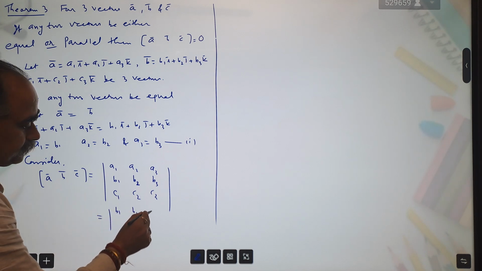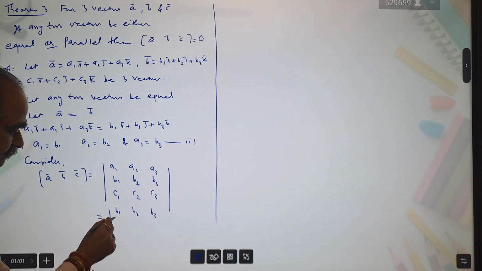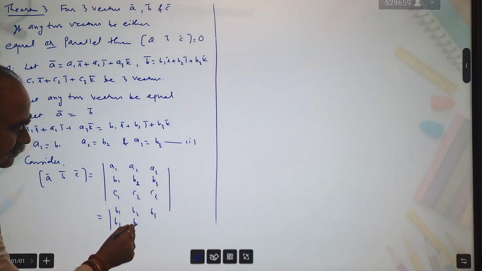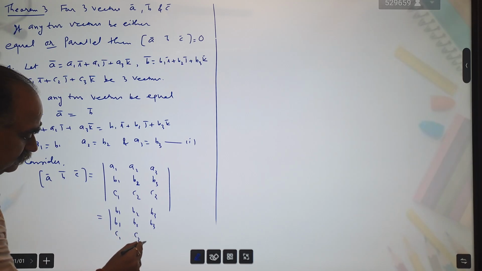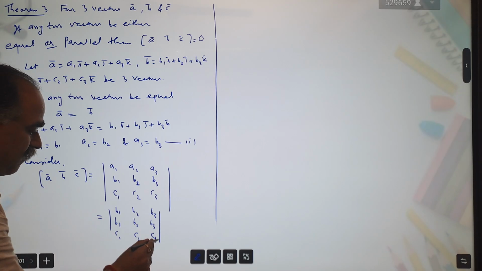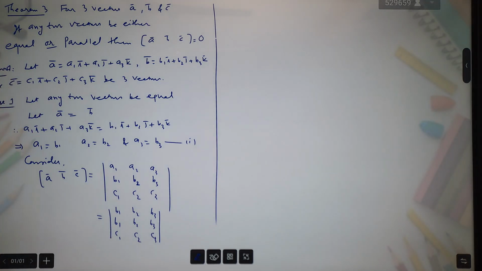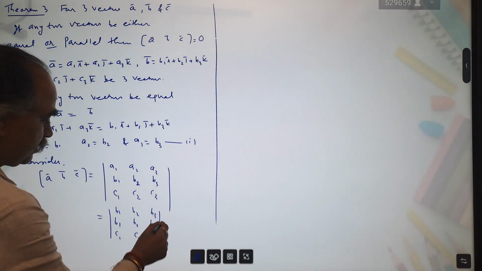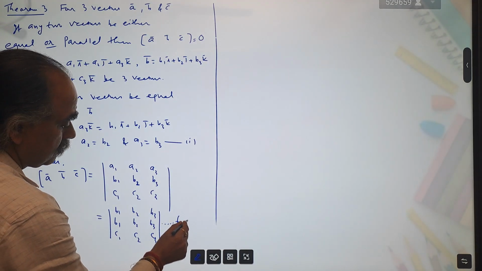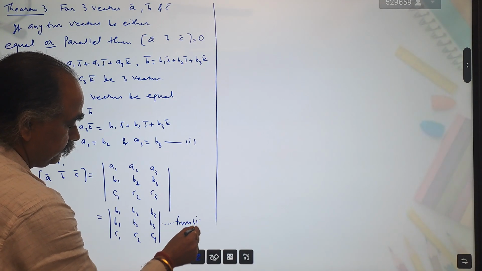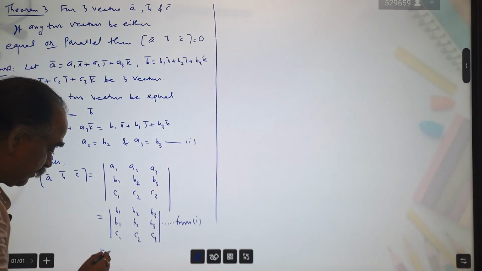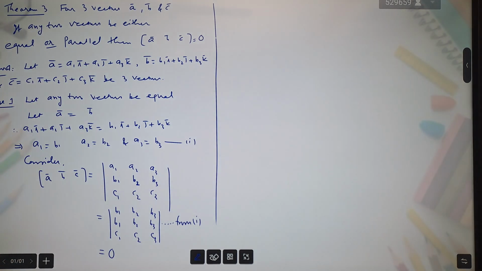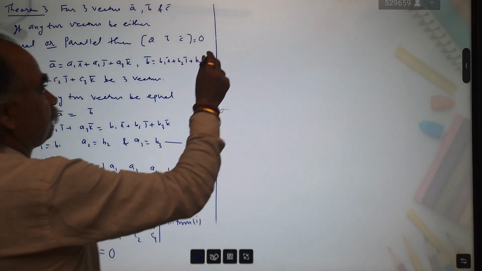B1, B2, B3. And this B1, B2, B3 keep as it is, C1, C2, C3. Reason from 1. Now two rows are identical by property of determinant. Its value is what? 0. So box A bar, B bar, C bar will be 0.